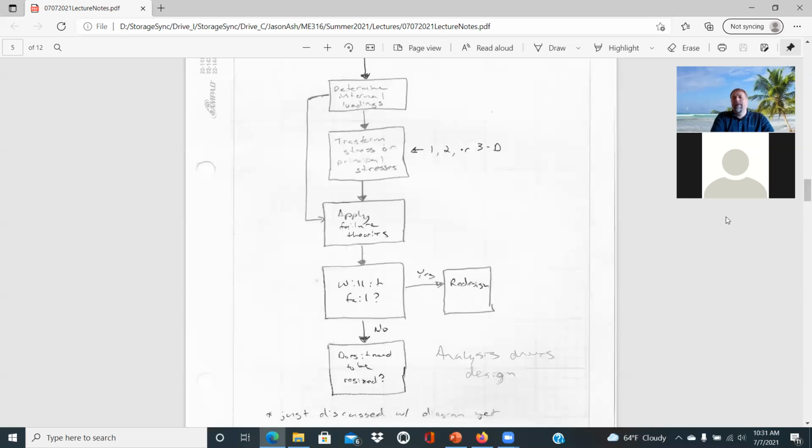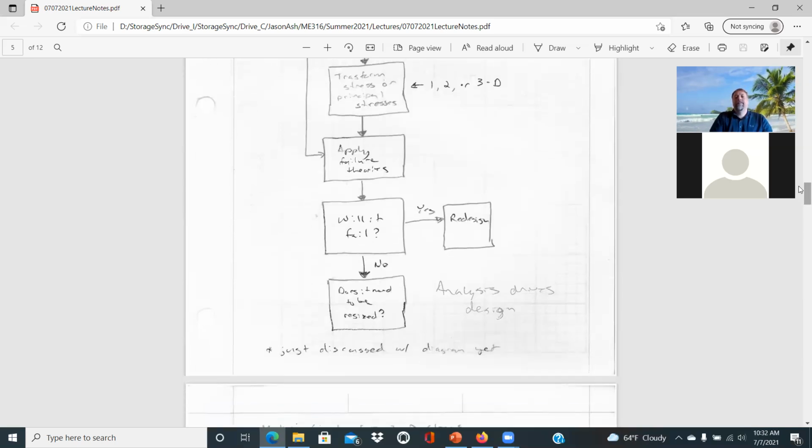And so the main thing from a design perspective is that the analysis should drive that design. When you're sizing components, you really want to take that into consideration on your factors of safety, and also with those standard sizes.